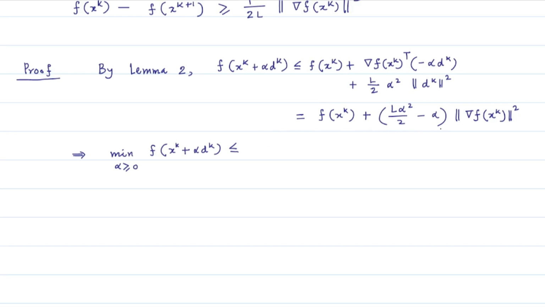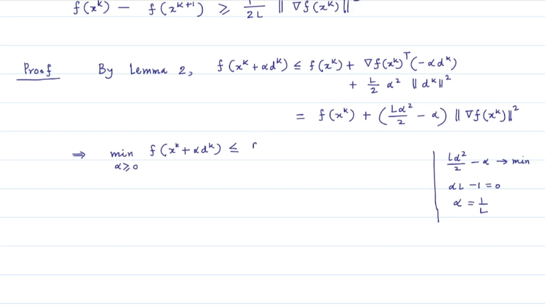The minimum of this quantity will be given by the minimum of L alpha square divided by 2 minus alpha. For its minimum, you take the derivative of this function. You will get alpha L minus 1 is equal to 0. So at alpha equals 1 upon L, you will have the minimum of this function, because at alpha equals 1 upon L, the second order derivative of this function is positive.